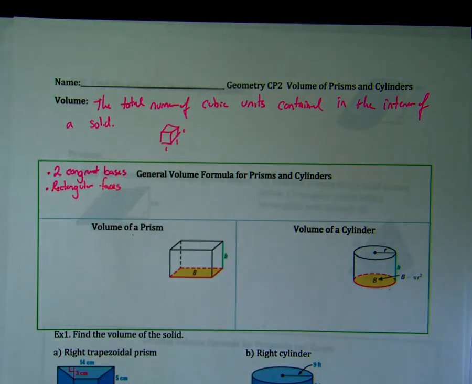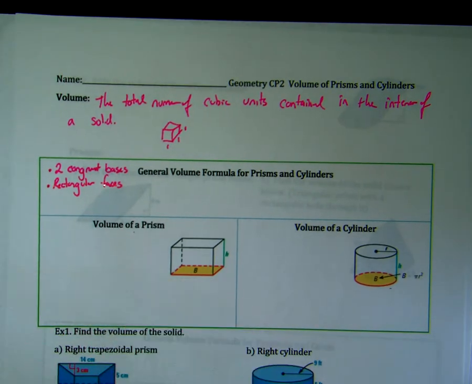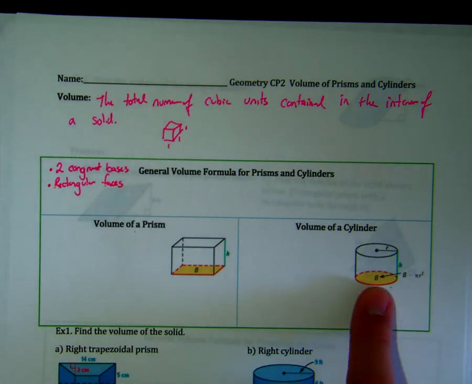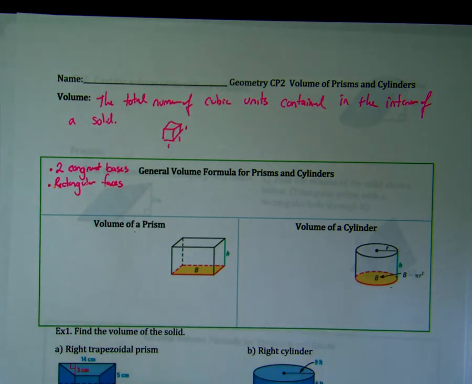Okay. So the sides of the prisms are all rectangles. And the thing that is maybe less obvious is that actually cylinders have one curved side that goes all the way around, and that's actually a rectangle as well.